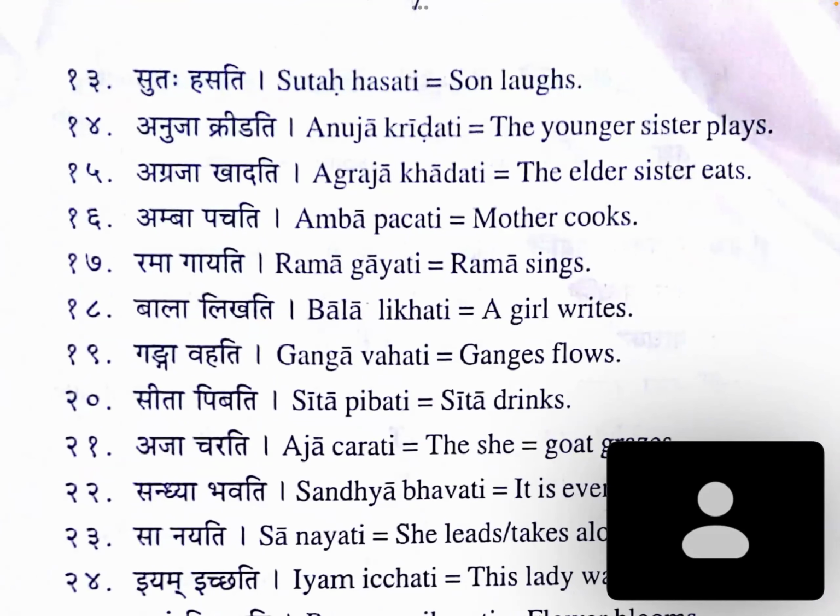Next. Anujaha. Sorry. Read. One of you read. Anuja kridati. The younger sister plays. Next. Agraja khadati. The elder sister eats. Next.